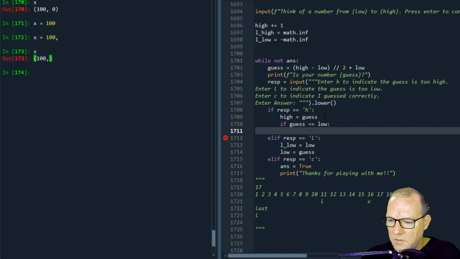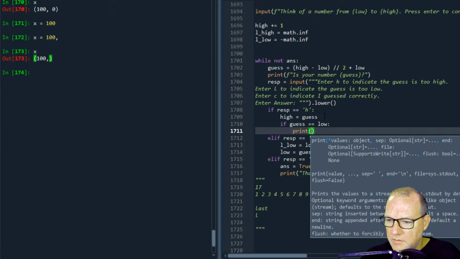Low, then print, and then we need to break out of here. Okay, print. Ooh, and then we need to start over and reassign everything. So let's try this. Okay. Would you like to start over?